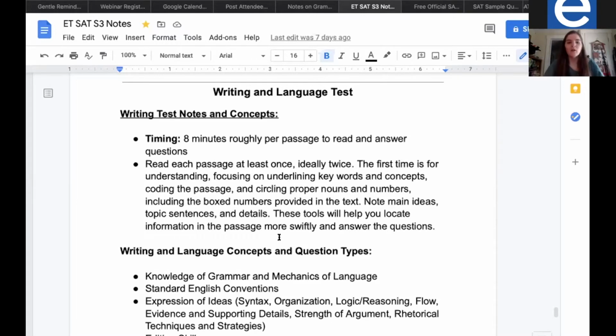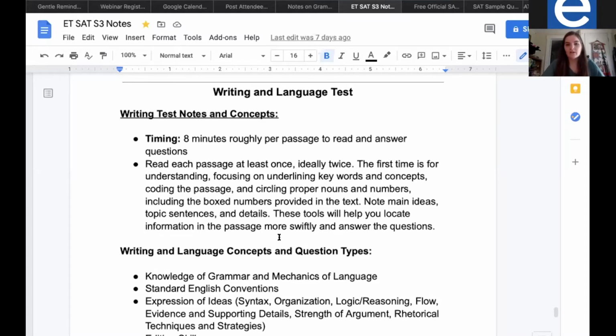You have only about 8 minutes per passage in the writing and language test to read and answer the questions. So you don't have time to dwell, you don't have time to linger on questions. You have less time for the overall writing and language test than you do for the reading test, because reading generally takes more time, and when you're dealing with comprehension, it definitely takes a lot more time.